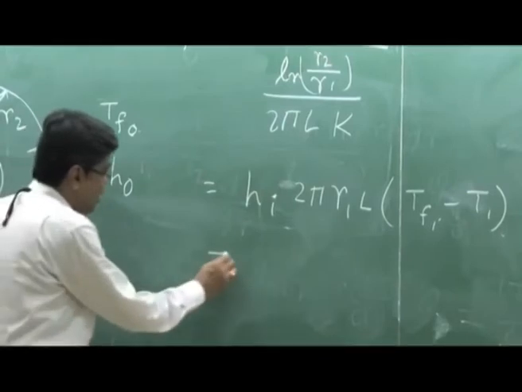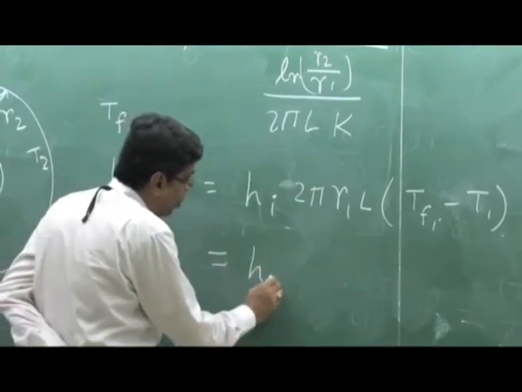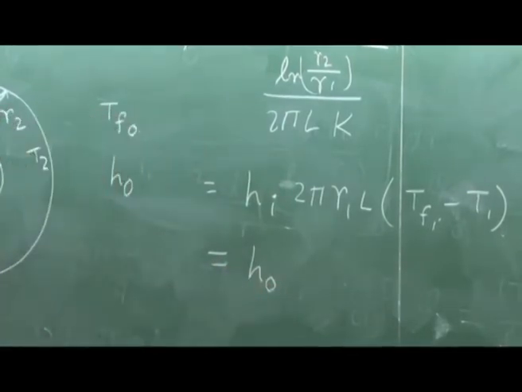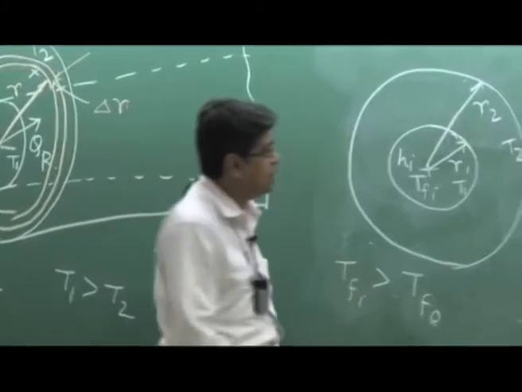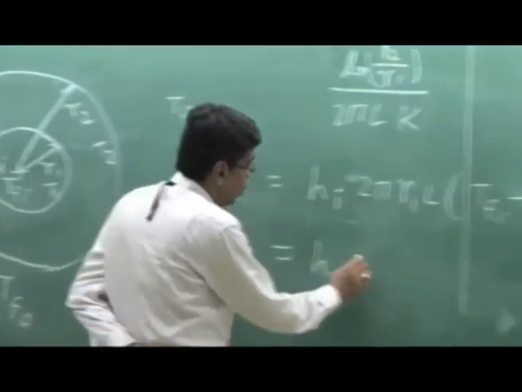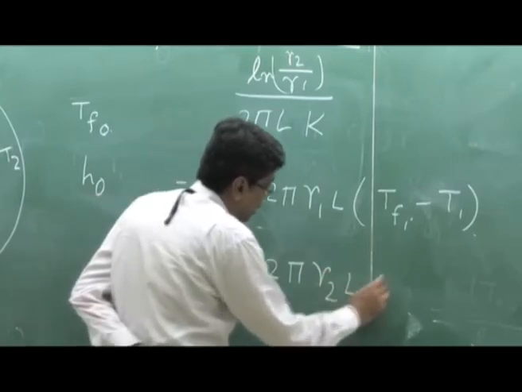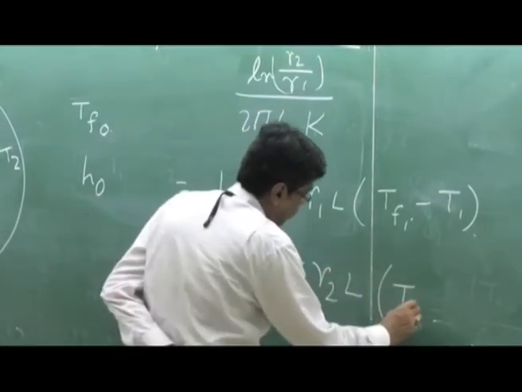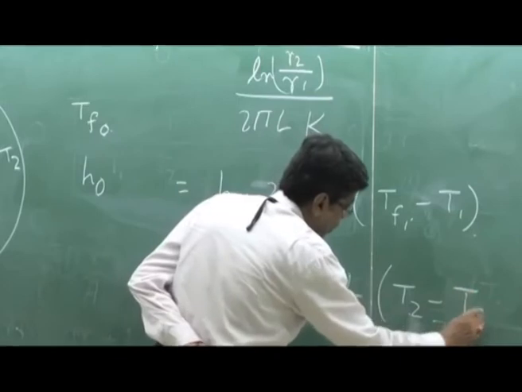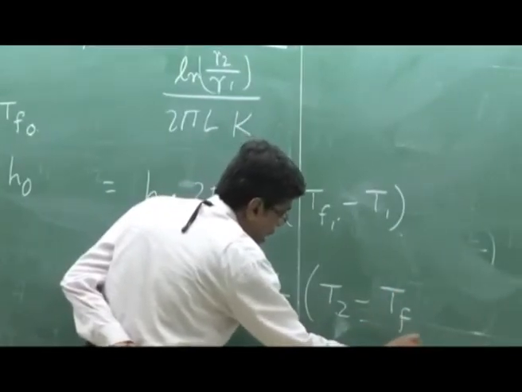And that is the same as that which goes out from the outer surface to the outer fluid environment, which is taken to be cold here. Therefore, this will be twice pi R2 L into T2 minus TFO.